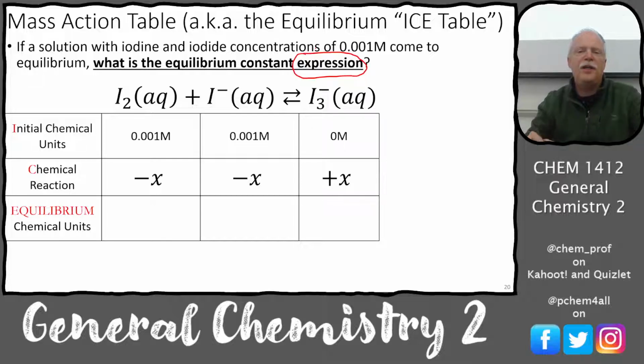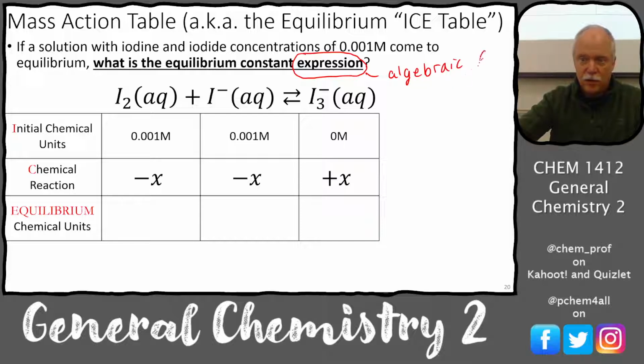We don't have enough information in this problem to solve for the equilibrium constant, but we can write out the equilibrium constant expression, algebraically what it looks like. Do you follow me? So the expression is just the algebra. So the algebraic equation is the equilibrium constant expression.